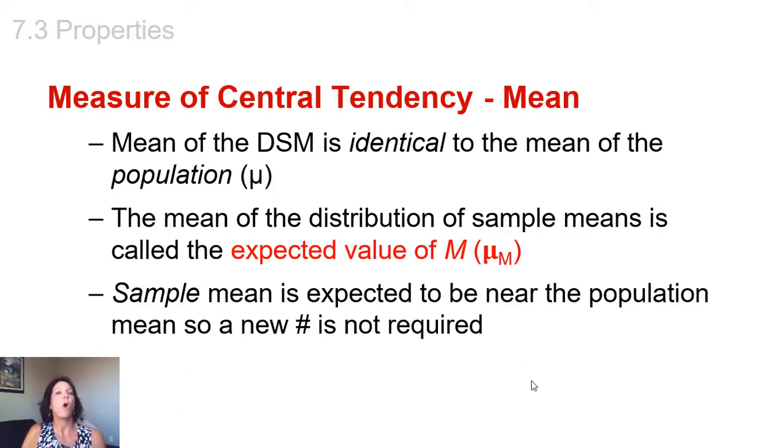So when we take all of those random samples from a population and theoretically plot them out mathematically, the mean will be equal to the mean of the population. So if you don't understand this yet, hang in there. Write this down. The mean of the distribution of sample means is identical to the mean of the population.